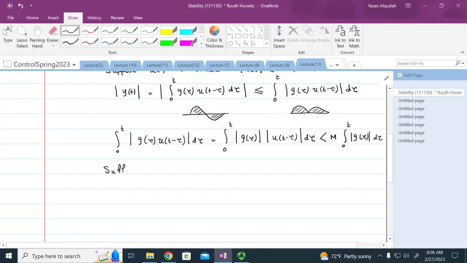So therefore, the sufficient condition for y of t to be bounded is that the integration from 0 to t of the absolute value of g of tau d tau must be bounded.